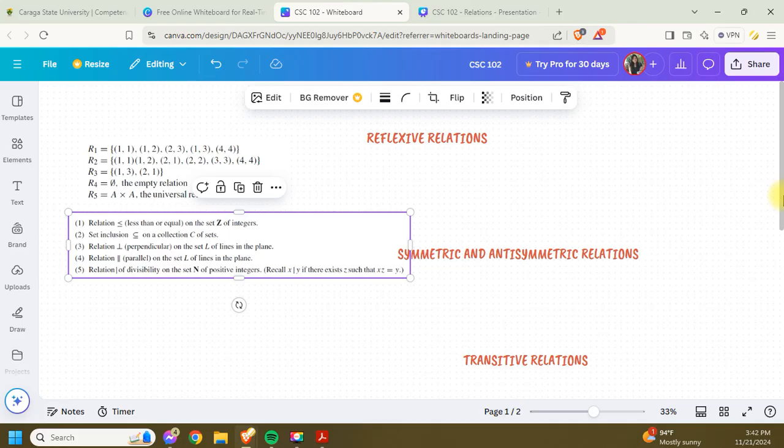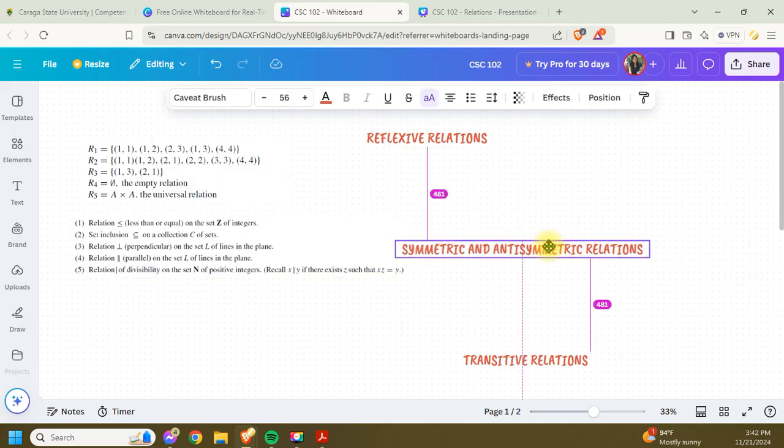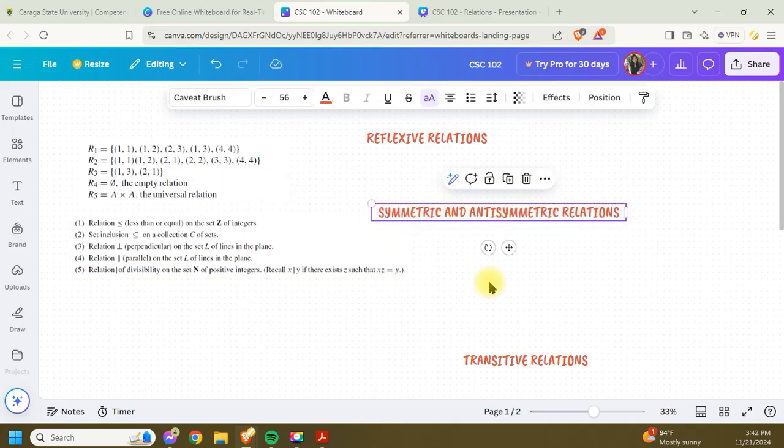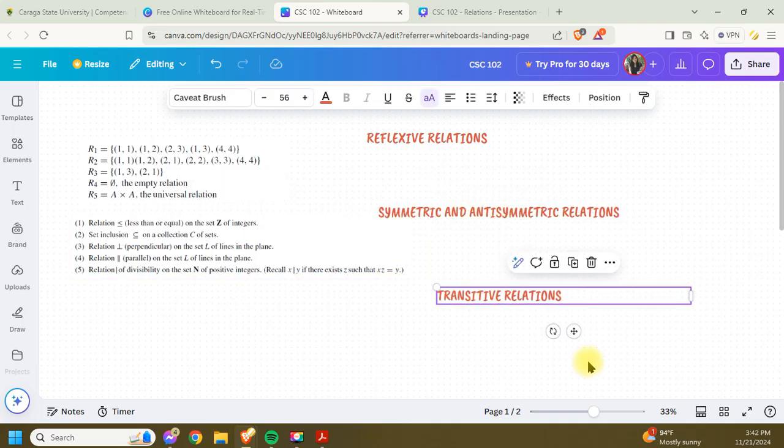Say for example, I want to ask which relations are reflexive, which are symmetric, and which are transitive. I think we stopped at reflexive and symmetric the last time. When you say symmetric, it means an element of the relation has the same pair. Say for example, R1 here.